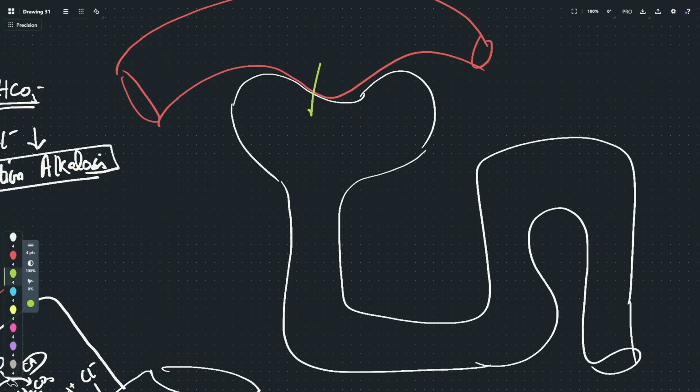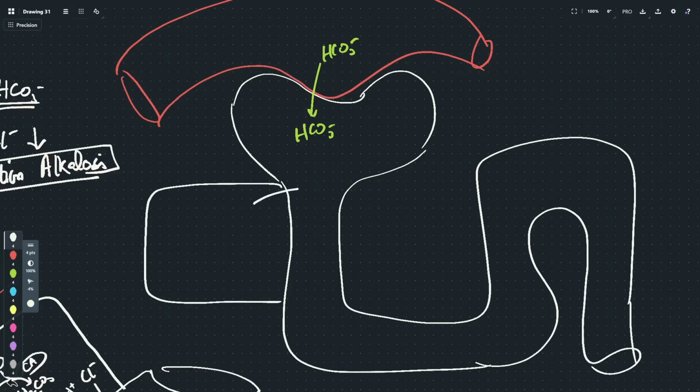Bicarbonate is continuously filtered across the glomerulus, and it comes into the tubular fluid, and there is a risk that this bicarbonate may be lost in urine. So the proximal convoluted tubules have a mechanism to prevent this. We have discussed it, so I will quickly go through it.